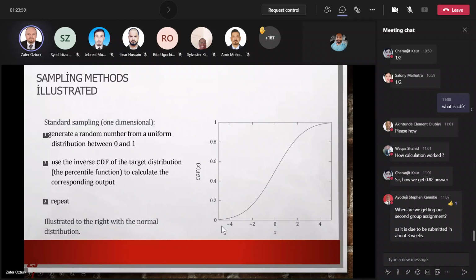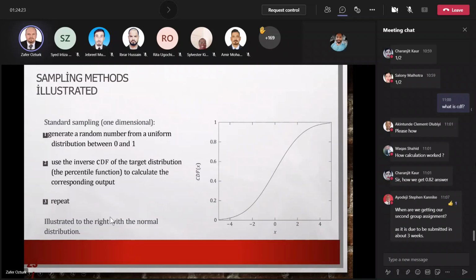You see, this is the least likelihood and this is the most likelihood. And then use the inverse cumulative distribution function of the target distribution, which means the percentile function, to calculate the corresponding output, and then repeat.